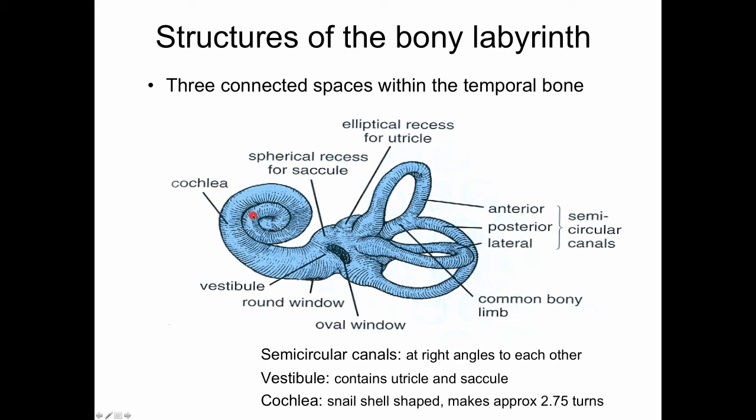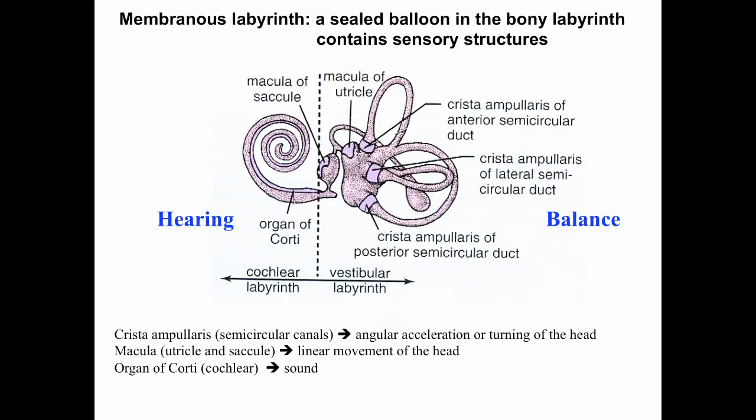And then there's the cochlea, which is a snail shell shaped structure, and in humans this makes about 2 3/4 turns.